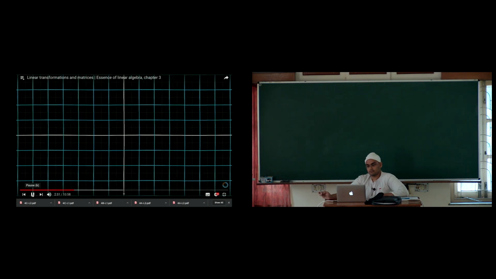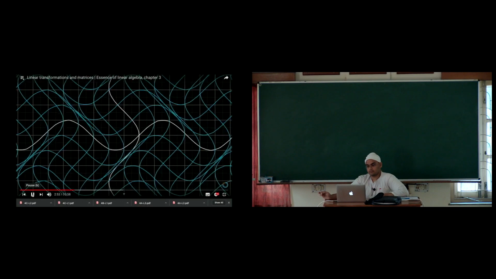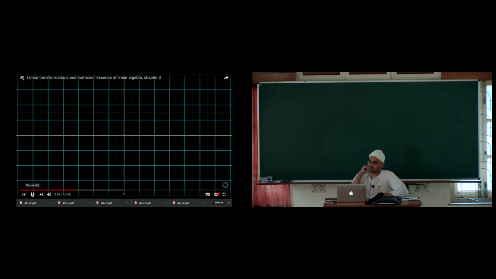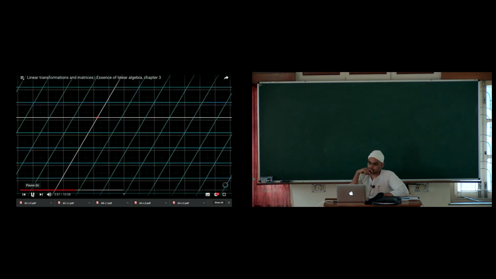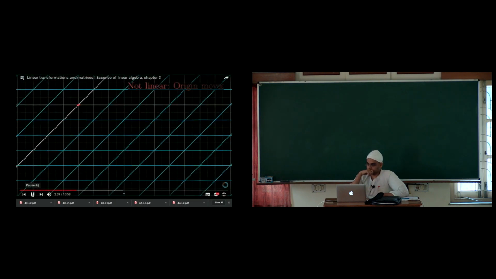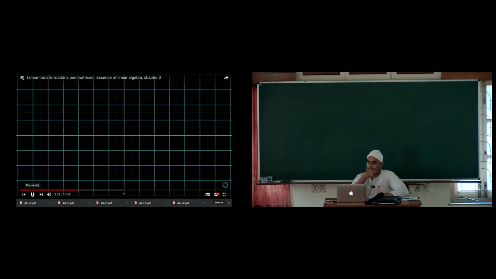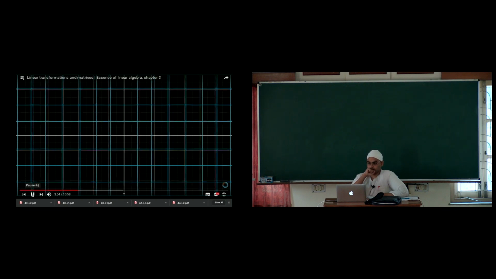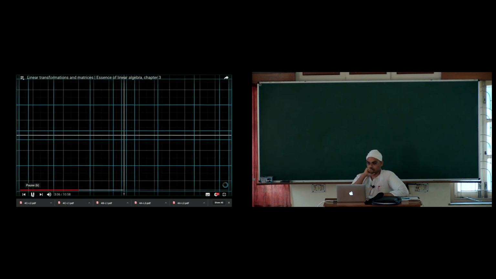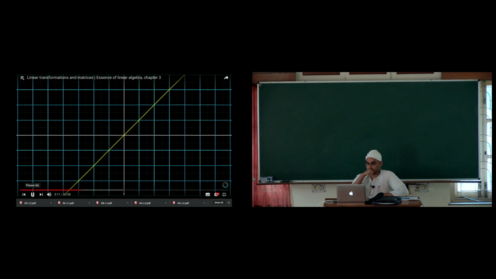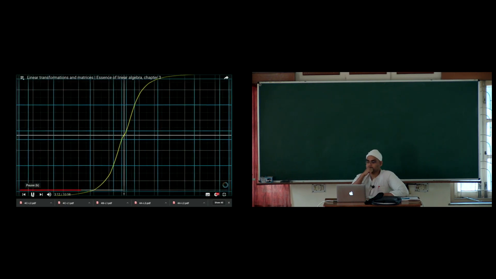For example, this right here would not be a linear transformation, since the lines get all curvy. And this one right here, although it keeps the line straight, is not a linear transformation, because it moves the origin. This one here fixes the origin, and it might look like it keeps lines straight, but that's just because I'm only showing the horizontal and vertical grid lines. When you see what it does to a diagonal line, it becomes clear that it's not at all linear, since it turns that line all curvy.